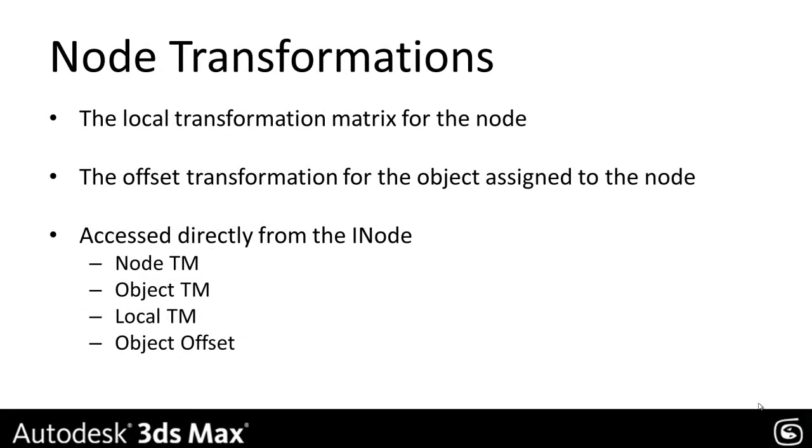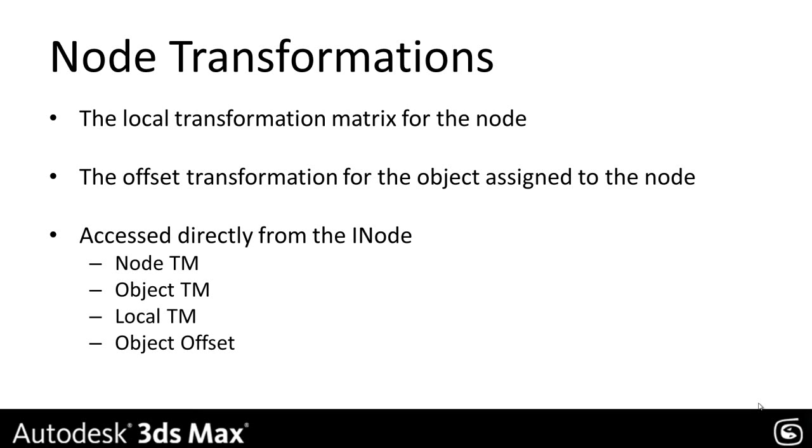The node, first of all, will have a transform. The local transformation matrix is stored with the node. Then there's an offset transformation that's also stored on the node for the object that's been assigned to the node.